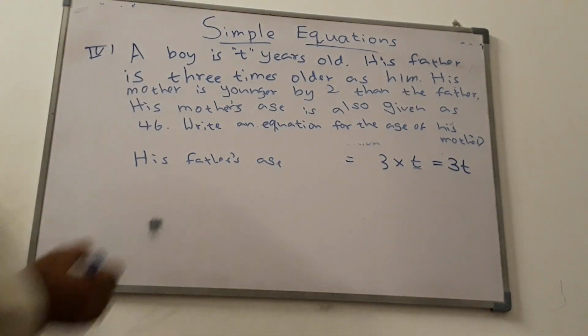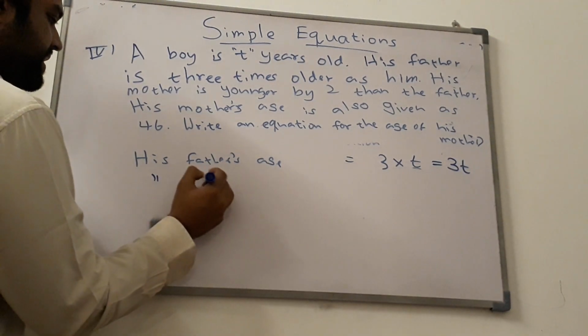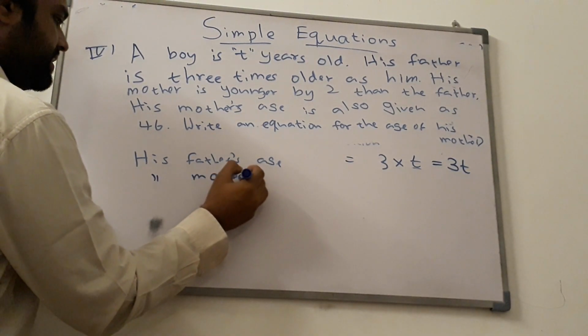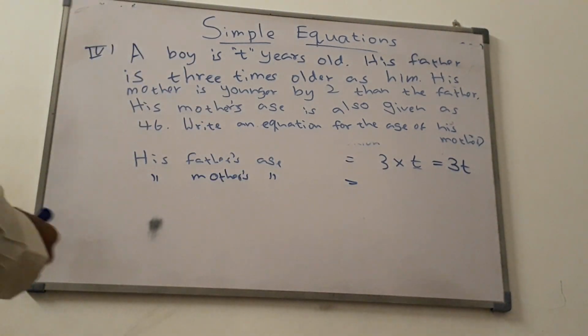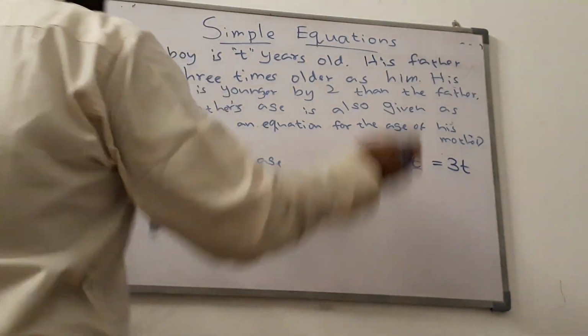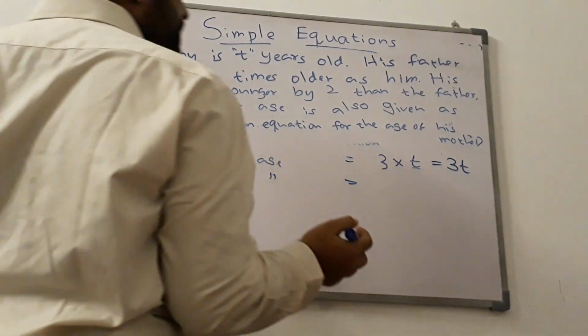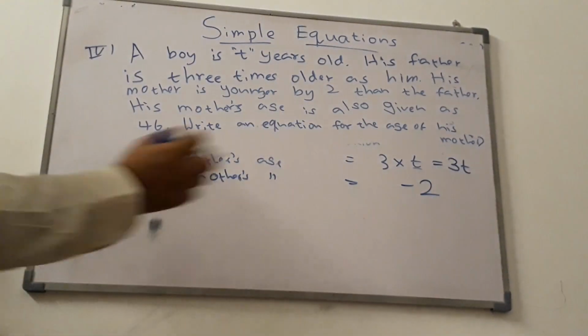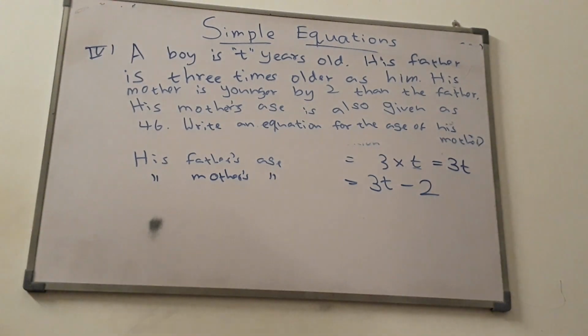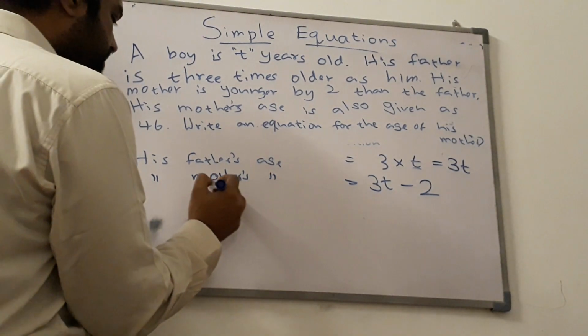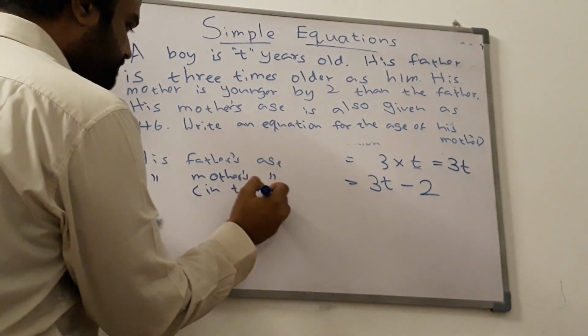And his mother's age is 2 less than his father's age. Younger by 2 than the father means you have to subtract 2 from father's age. Father's age is 3t. So mother's age is 3t minus 2 in terms of t.